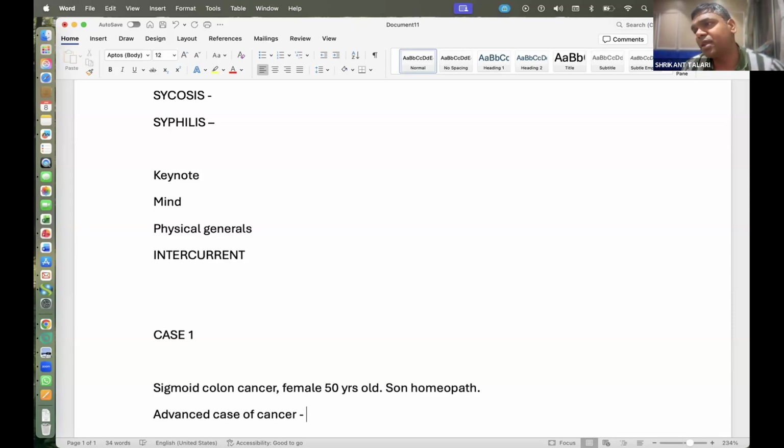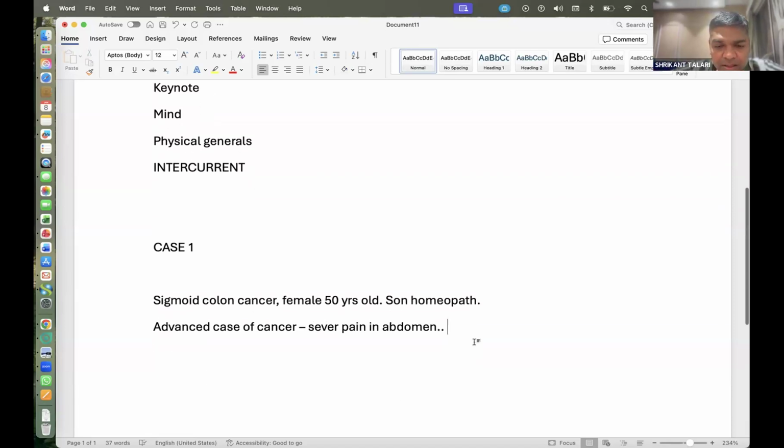On top of that, she's having severe pain in the abdomen, and she's constantly vomiting. The vomiting is greenish yellow in color.